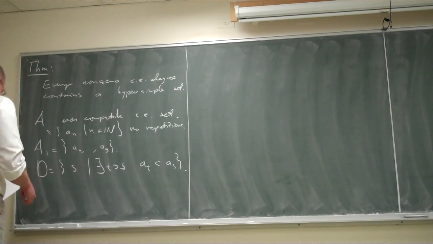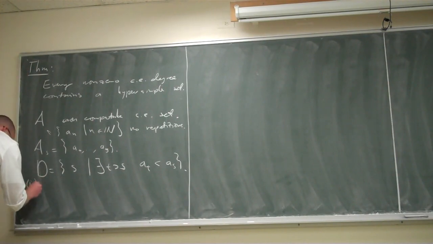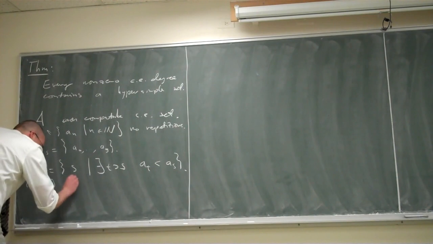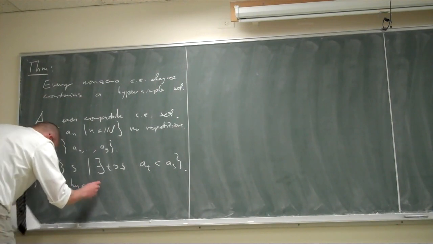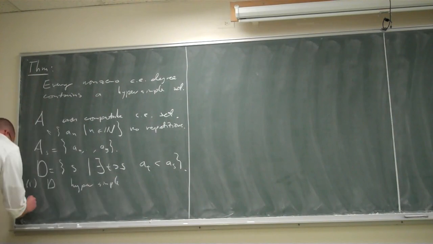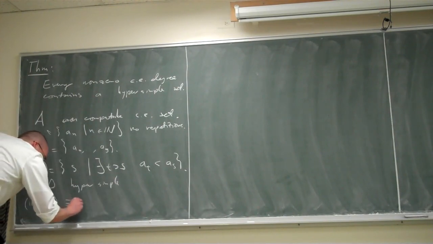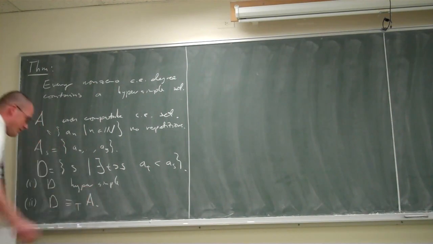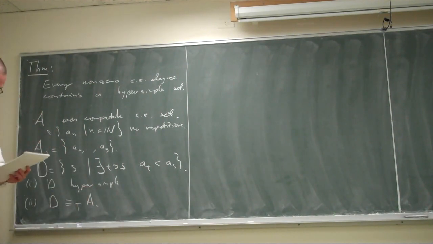Two things to observe, of course. We want to see, first of all, that D is hypersimple, and second of all, that D is Turing equivalent to A. Hypersimplicity, we know, is equivalent to not being computably dominated.